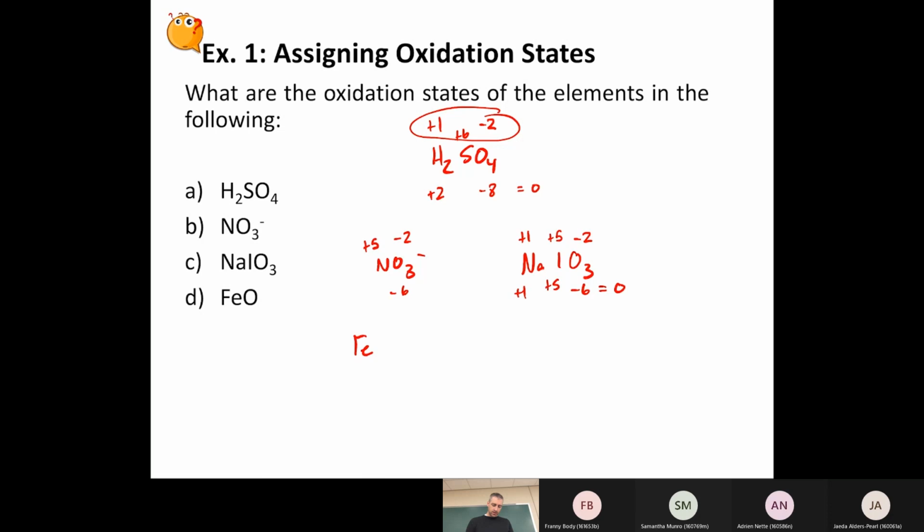Last one is FeO, and we know that iron typically comes in 2 flavors. You can have iron 2 or iron 3. But in this case, we know that the oxygen is -2. That means the iron has to be +2. So we would say the oxidation number on the iron is +2.